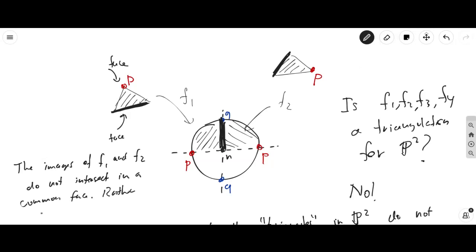Rather, it is a union of two faces. So it's kind of close to almost satisfying the definition of a triangulation, but the intersection set consists of that union of those two, and that's not part of the definition. It has to be one face for each triangle. So they do not satisfy the required condition.